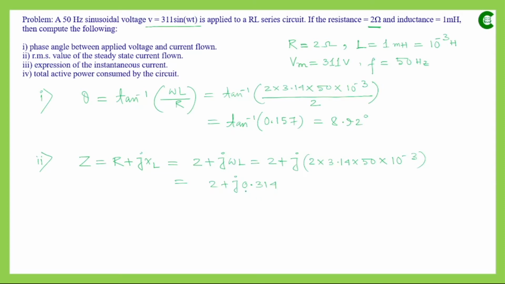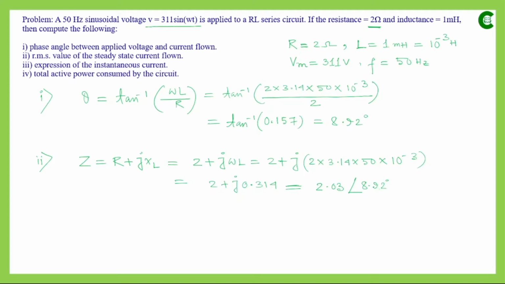So finally it will be 2 plus j0.314. This is represented in rectangular form, and if we want to convert this to polar form, we know the relationship between rectangular and polar format, so I am not repeating that step. It will finally be 2.03, and angle wise it will be tan inverse 0.314 by 2, so it will be 8.92.